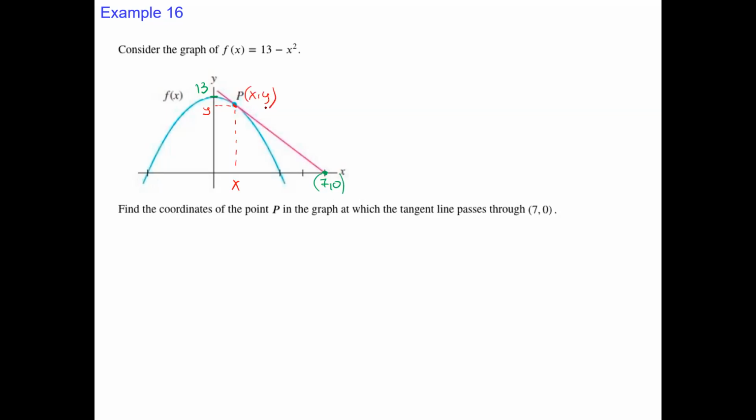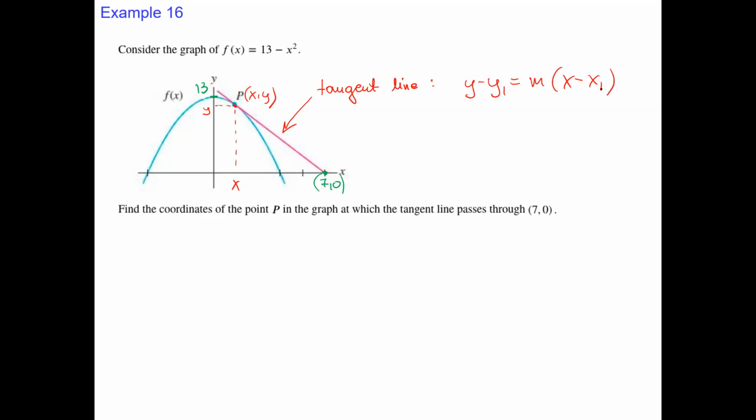So what we can do, we have to find x and we have to find y. And this is a tangent line. We can use point slope form. Point slope form is y minus y1 equals slope times x minus x1.